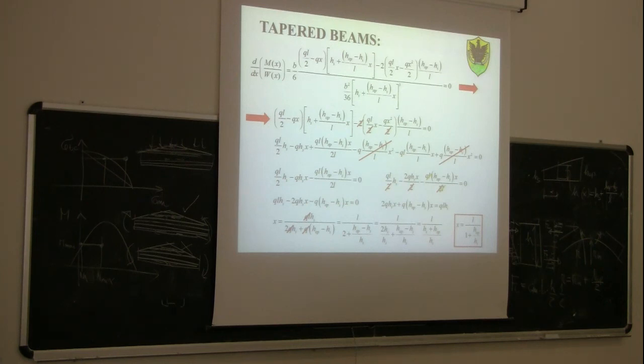Of course, if HAP is equal to HS, if we have a prismatic beam, then it's L over 1 plus 1, L over 2. So if it's a prismatic beam, of course it's halfway, half span. But if it's not a prismatic beam, it would be in a different place.